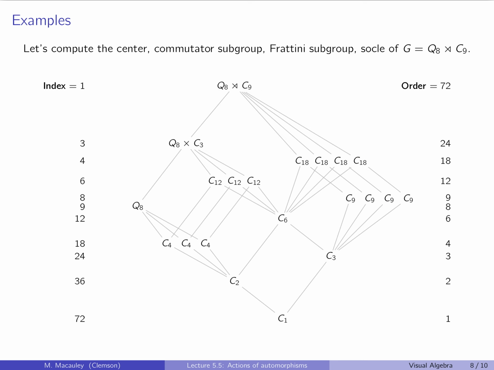Let's do an example of a familiar subgroup. This is the semi-direct product of Q8 and C9, and let's compute its center, commutator subgroup, Frattini subgroup, and the socle. So the first thing to do is let's circle the normal subgroups. We can identify anytime there's a subgroup that is unique of its order, it has to be normal.